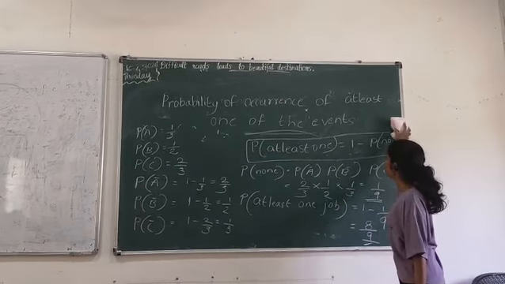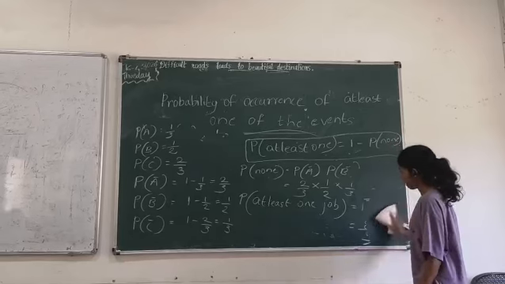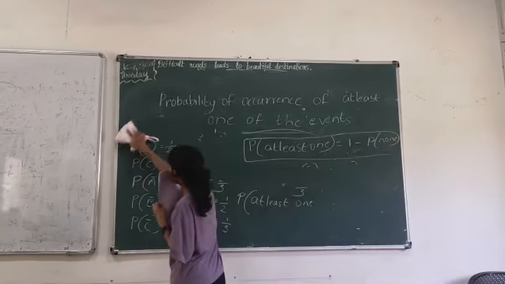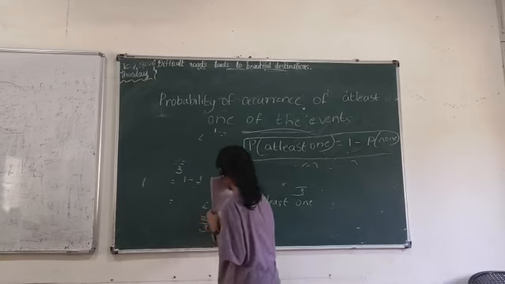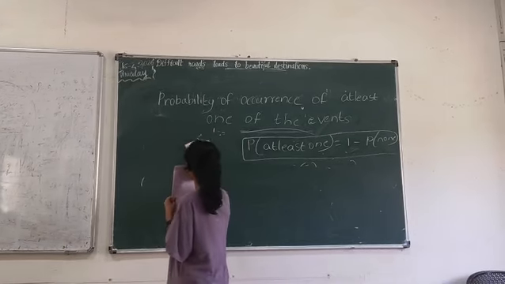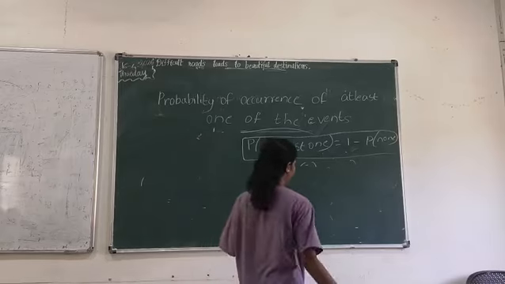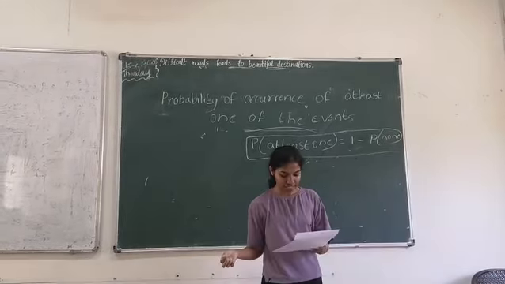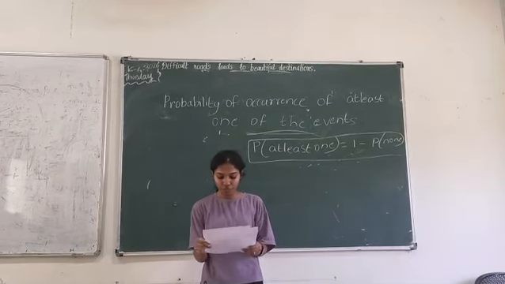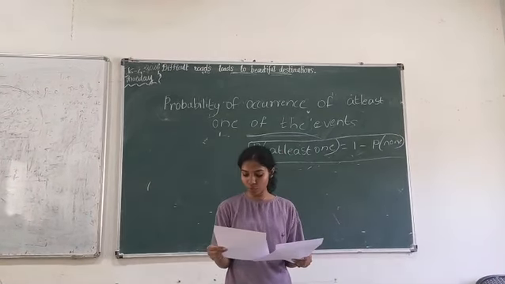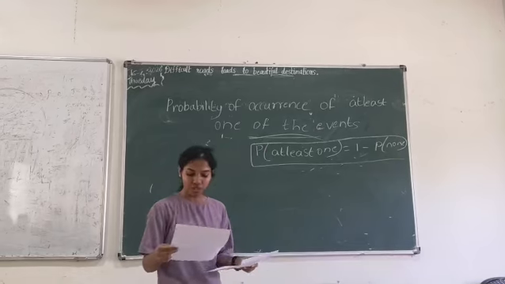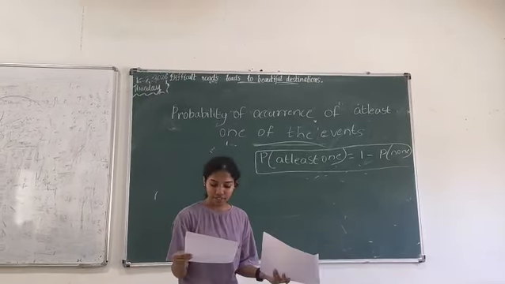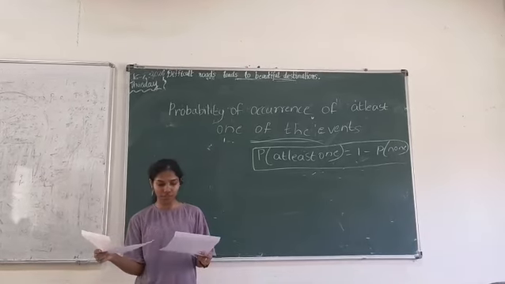So we are moving to third question. Third question is that from a bag with 5 red and 3 blue balls, 3 balls are drawn without replacement. Find probability that at least one red ball is drawn.